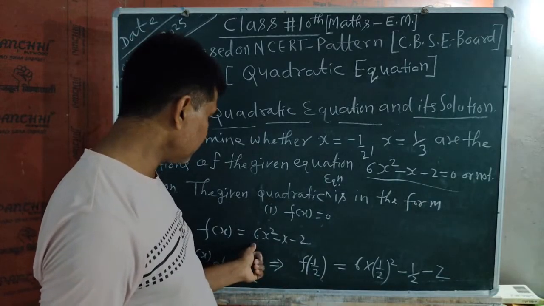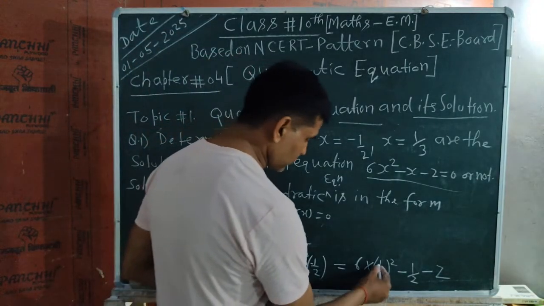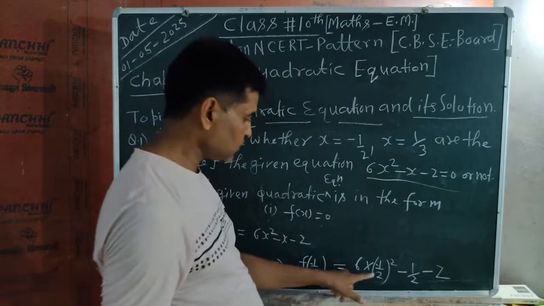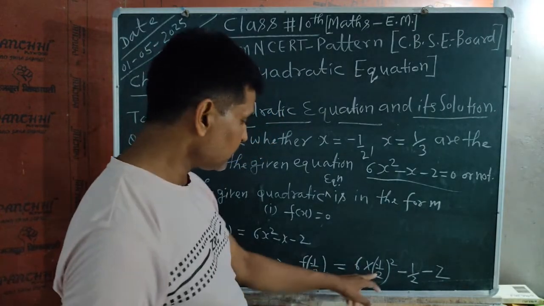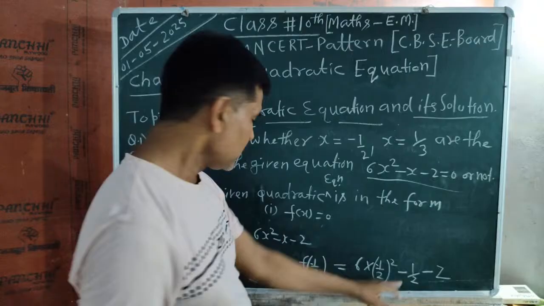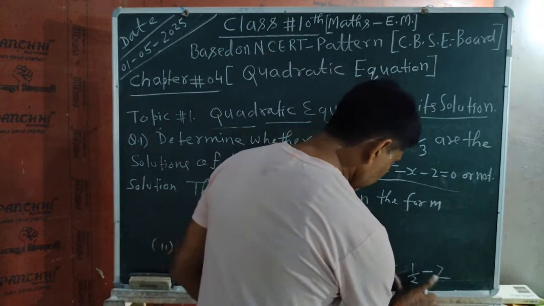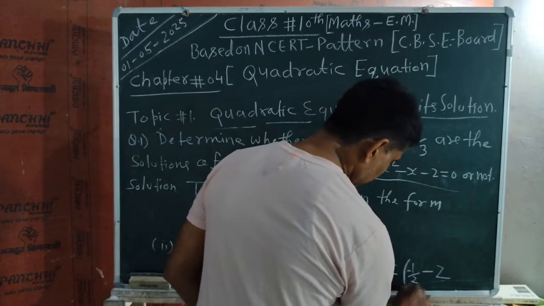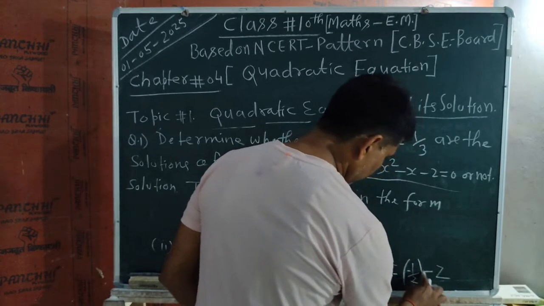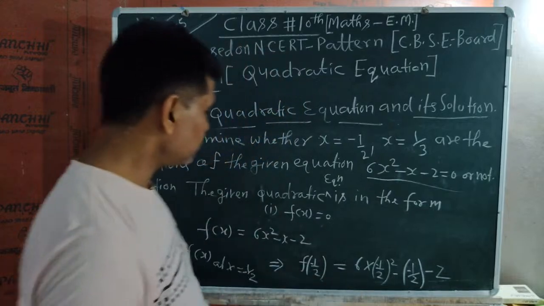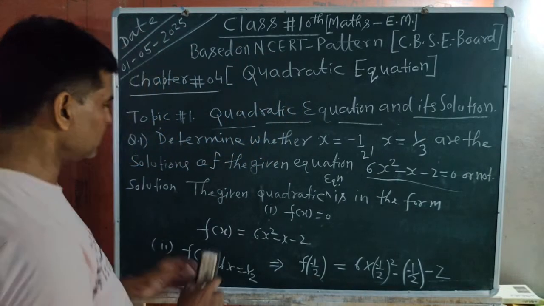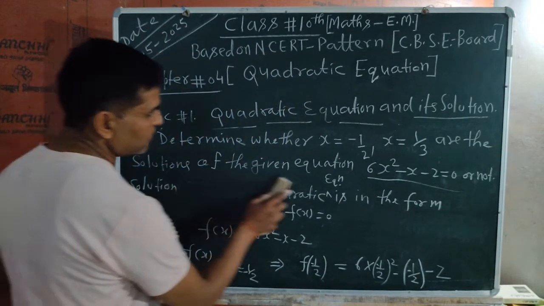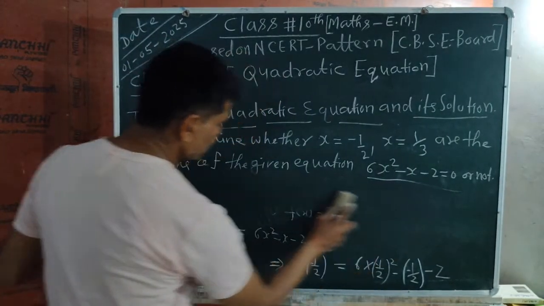Now in the right hand side I have to put 6 into, in the place of x I have written, minus 1 by 2 whole square, and in the bracket I will also write here minus, as given in the question, and the value of x is minus 1 by 2. So I will simplify it. Now further I am going to erase the above data.